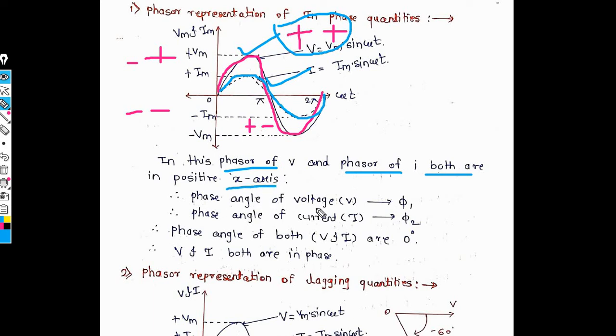The phase angle for voltage V we have considered as phi 1, and the phase angle of current I as phi 2. But both waveforms start from a phase angle of 0 degrees. That is called the phasor representation of voltage and current in phase, because both waveforms start from 0 degrees. This is also called the phasor representation of zero phase quantity.